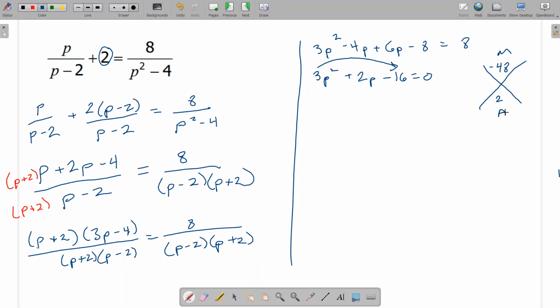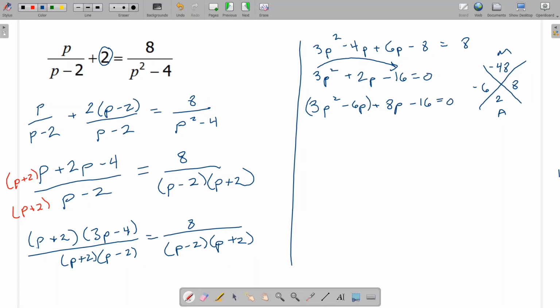So let's see here. Those numbers are going to be a positive 8 and a negative 6. So now we got 3p squared minus 6p plus 8p minus 16 equal to 0.